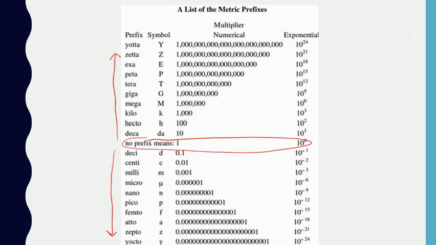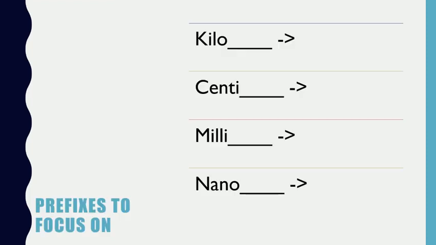We are only going to focus on 4 main ones. The first one we are going to focus on is kilo. This is going to come before our base unit. So we could have kilogram, kilometer, kiloliter, or kilosecond, depending on what exactly you are measuring.